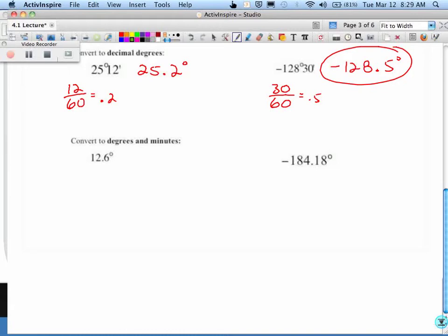I can just multiply by the 60, and what's 0.6 times 60? So 36 out of 60 minutes represents 60% of a degree is what we're saying. So this is 36 minutes.